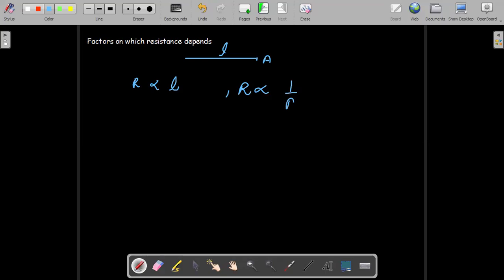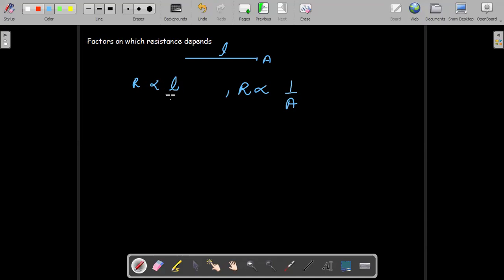So how does it depend? See, resistance depends directly on the length of the wire, and inversely on the area of cross section. So the greater the area of cross section, the lesser the resistance, and the greater the length, the greater the resistance of the wire. So just these two factors: resistance of wire depends on length and area of cross section.